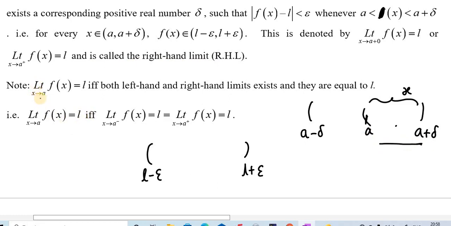Now limit x tends to a, f of x equal to L means for this f of x both left hand limit and right hand limit exist and they are equal to L. While doing problems you can easily understand this statement. So limit x tends to a, f of x equal to L if and only if the LHL value is L and RHL value is also L.